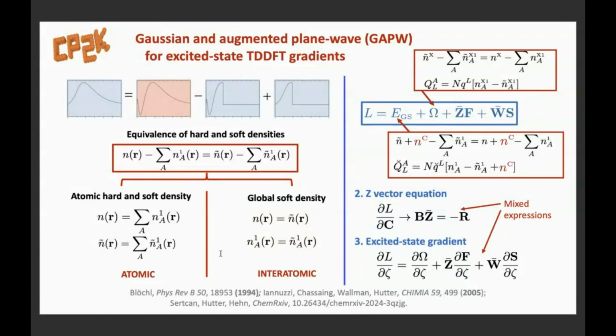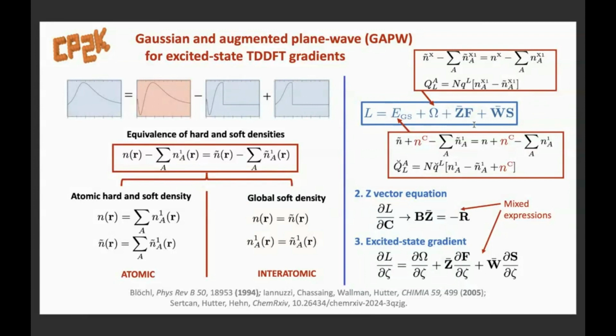And this is done by separating our molecule into atomic and interatomic regions. That this separation of the density is reasonable and giving the exact density is ensured using Blöchl's idea of using projection operators.